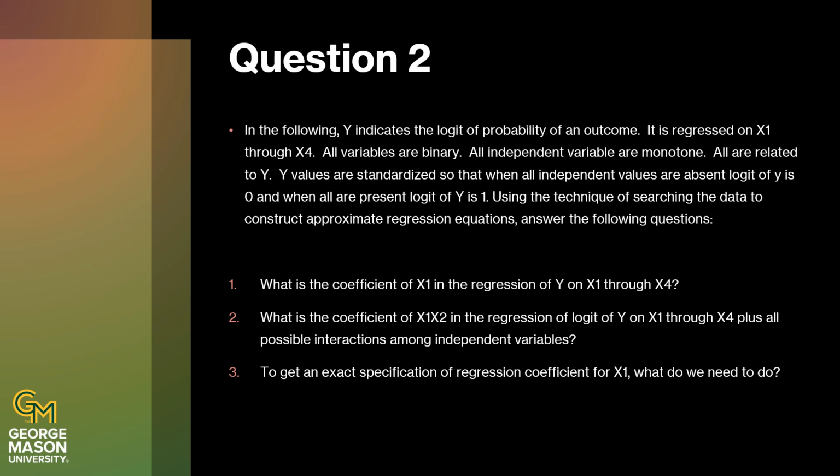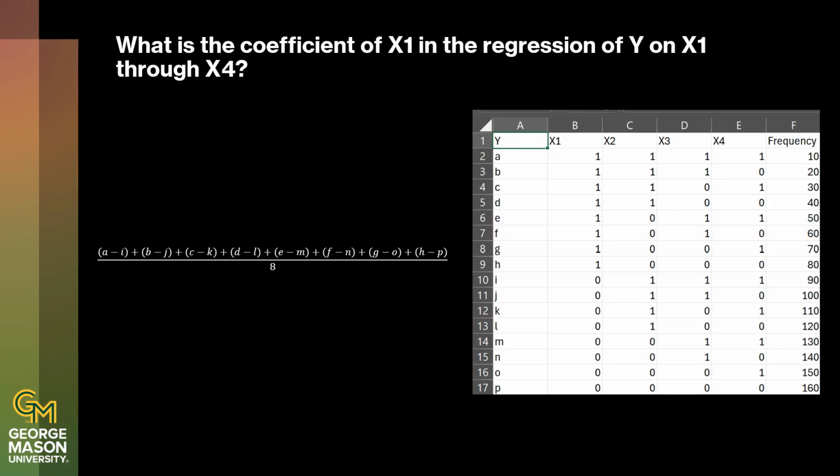So in looking at question 1 of 2, what is the coefficient of x1 in the regression of y on x1 through to x4? Now, looking at the coefficient of x1 in the regression of y on x1 through x4, here we have the column x1 whereby all values from a to h have a value of 1, and values of i to p are 0.